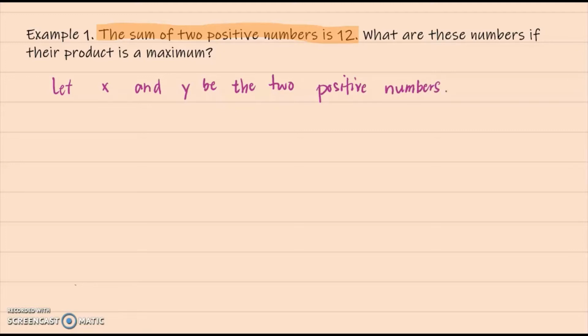Since we know here the sum of the two positive numbers is 12, then we can write x plus y equals 12. Now this equation is our constraint.